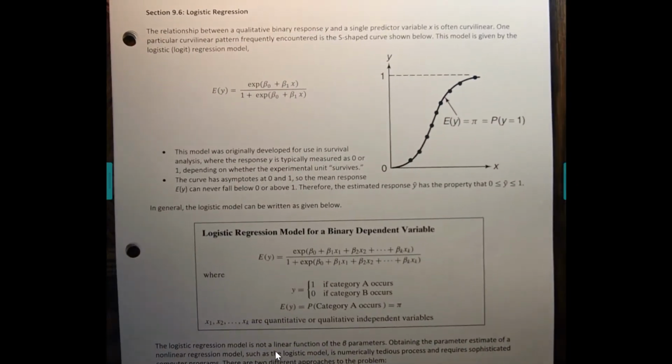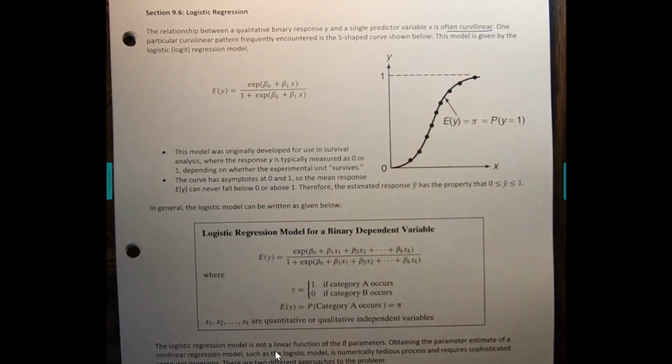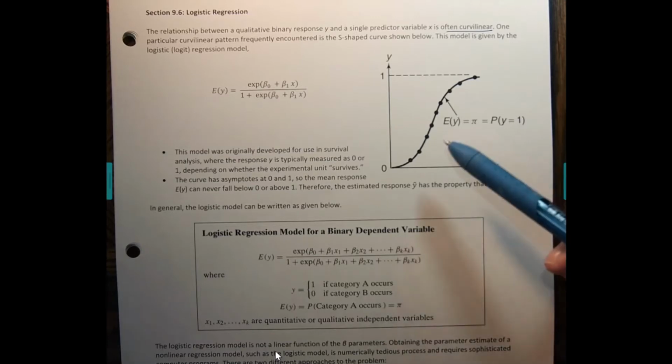When you have logistic regression, the relationship between a qualitative binary response y and a single predictor x is often curvilinear. We no longer have that straight line linear relationship that we saw previously. One of the particular curvilinear patterns we frequently encounter is the S-shaped curve that you see right here.